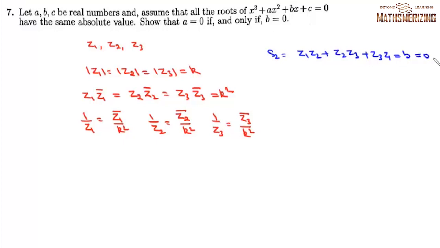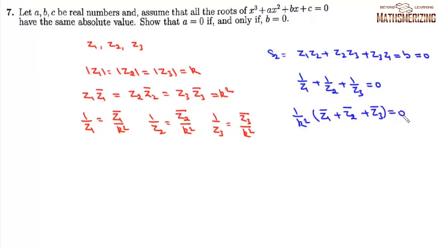Now if we divide it by Z1 Z2 Z3, we can write 1 upon Z1 plus 1 upon Z2 plus 1 upon Z3 and it will be 0. Now 1 upon Z1 is Z1 bar upon K square. So we can write 1 upon K square times Z1 bar plus Z2 bar plus Z3 bar and it will be 0.